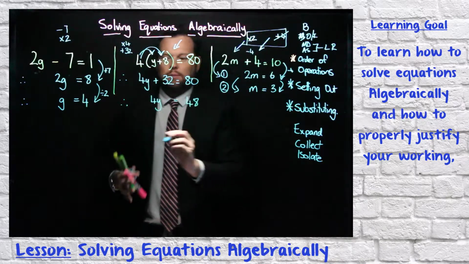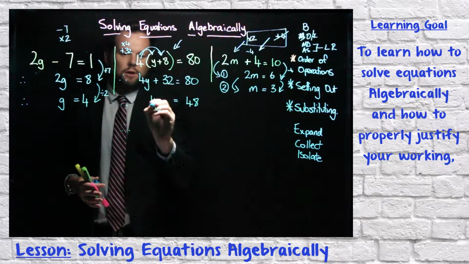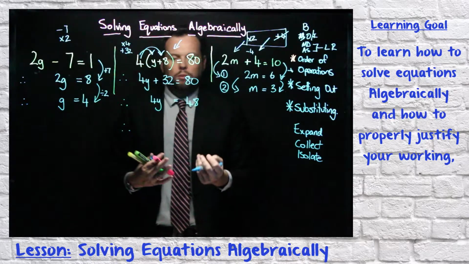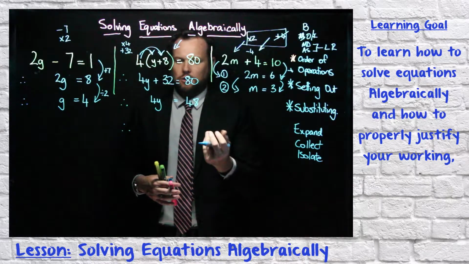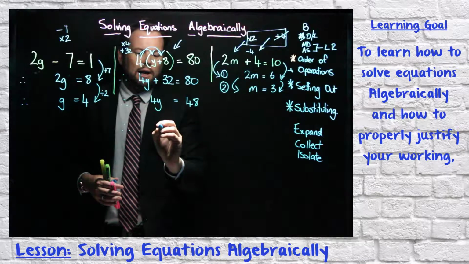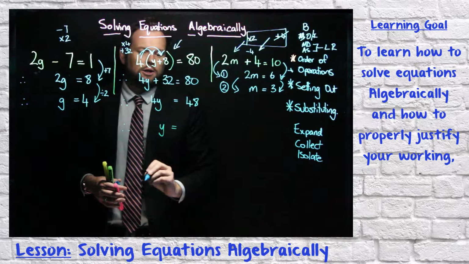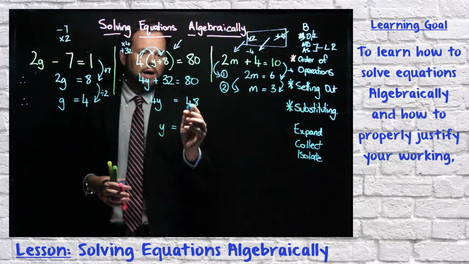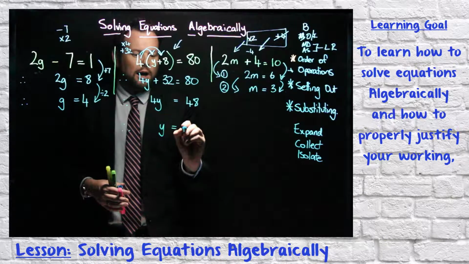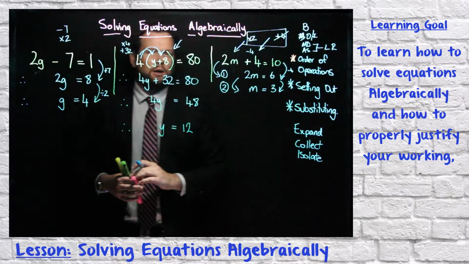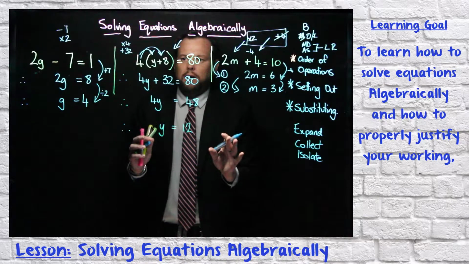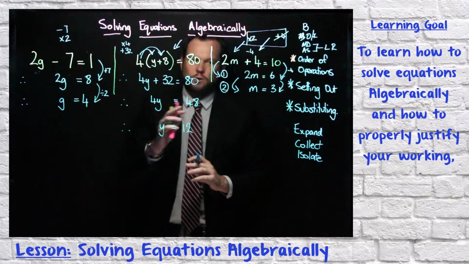And then my next step of working is I'm going to get rid of the times by 4. And the opposite of times is divide, okay? And when I divide both sides by 4, I'm left with y, and 4 goes into 48 12 times, okay? So that's a good starter, all right, on those questions.